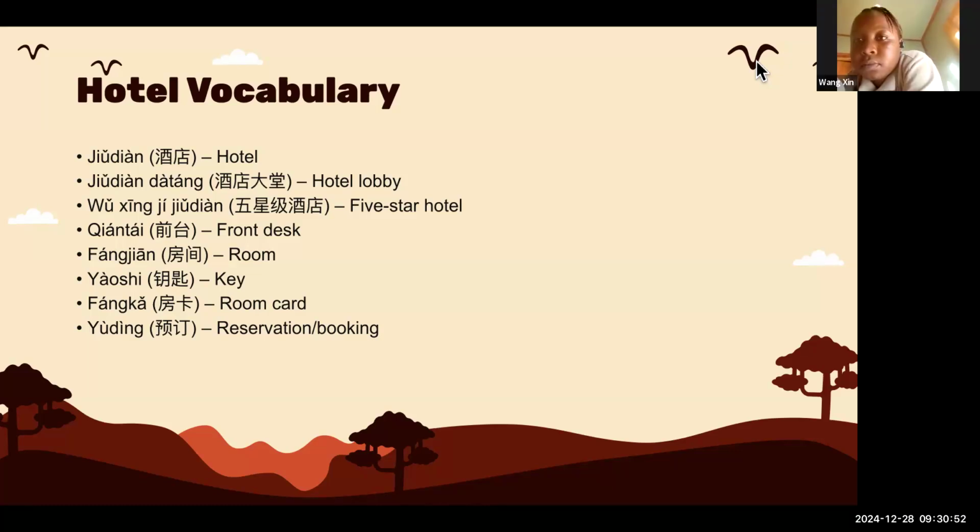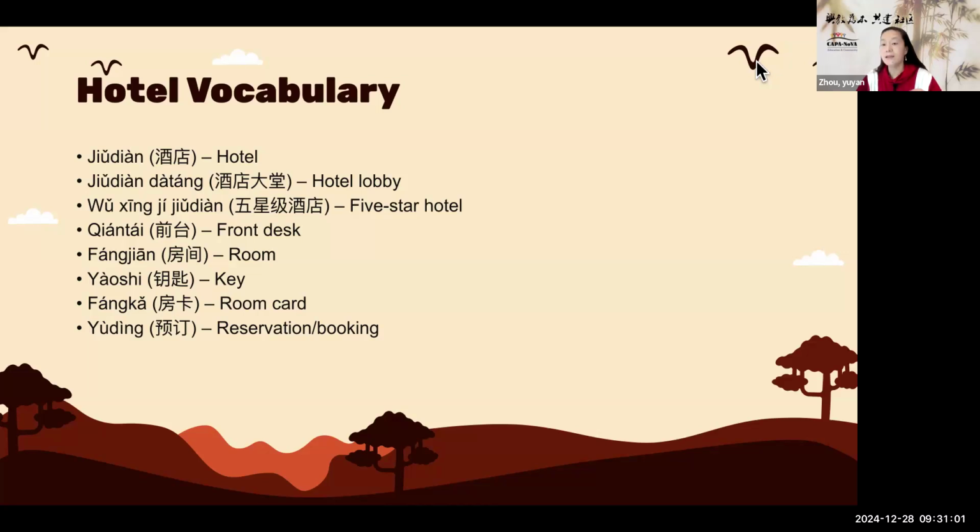So 这是你的房卡，这是你的钥匙。Again, with all these vocabularies that you have learned, together with the common phrases that we have reviewed for module 1, module 2, you should be able to structure your sentence fairly easily, and that will cover some of the standard language that you will use in your job.